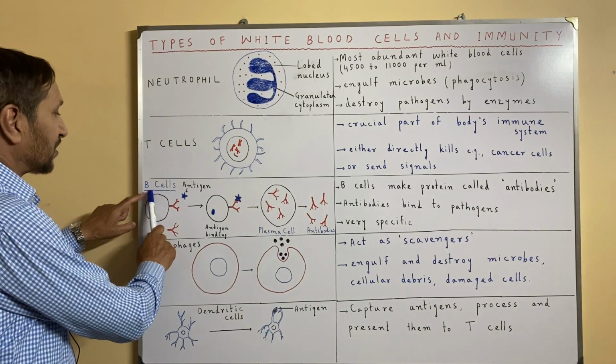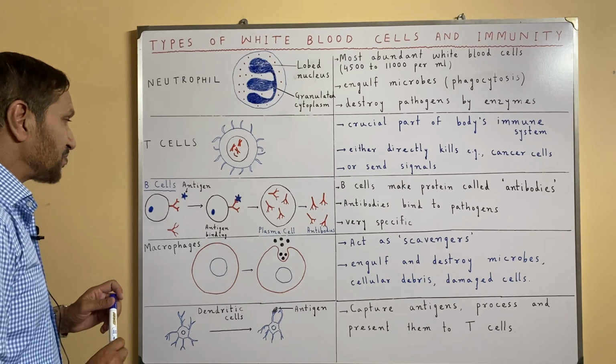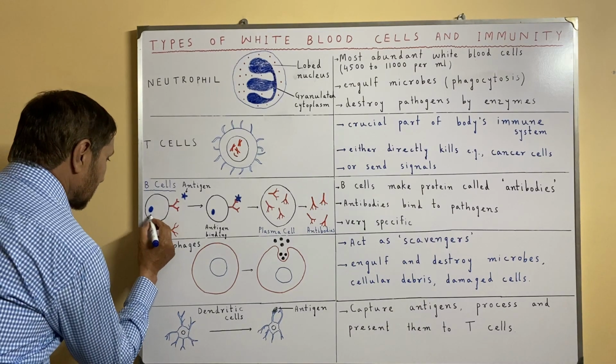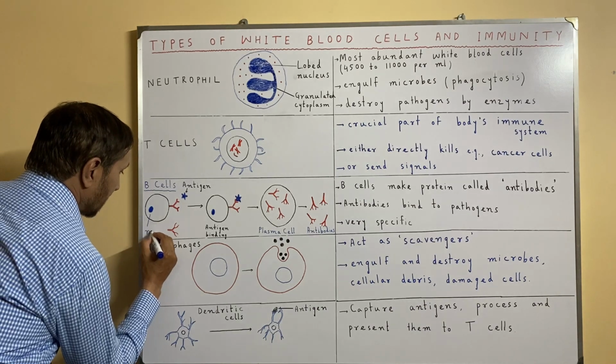Now the third type of white blood cells are B cells. This is its nucleus, and this is the cell.